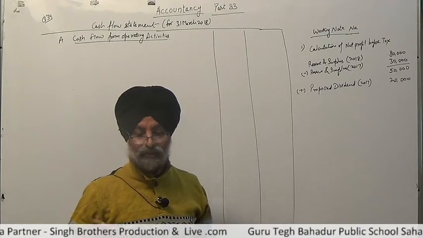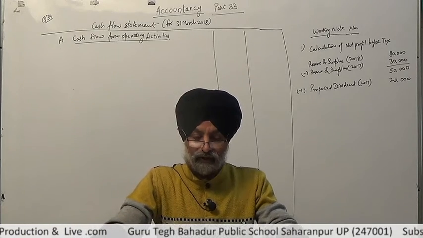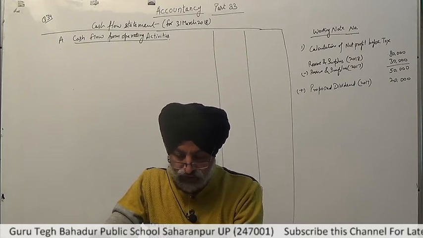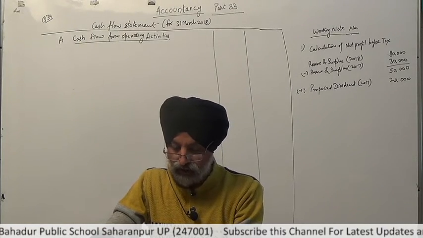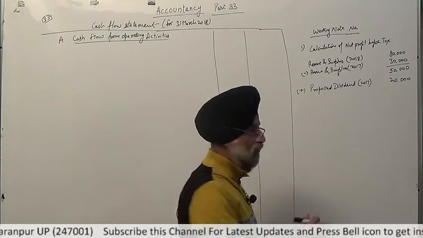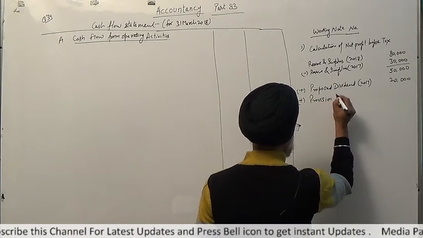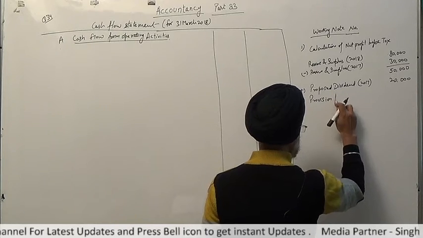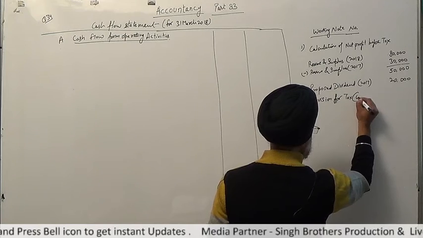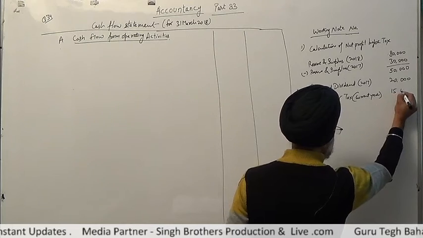And if there is any provision for tax in the current year, yes, in the question it is given that in short term provisions, provision for tax 2018 current year is 15,000 rupees. So take this 15,000 also. Provision for tax, current year, 15,000.